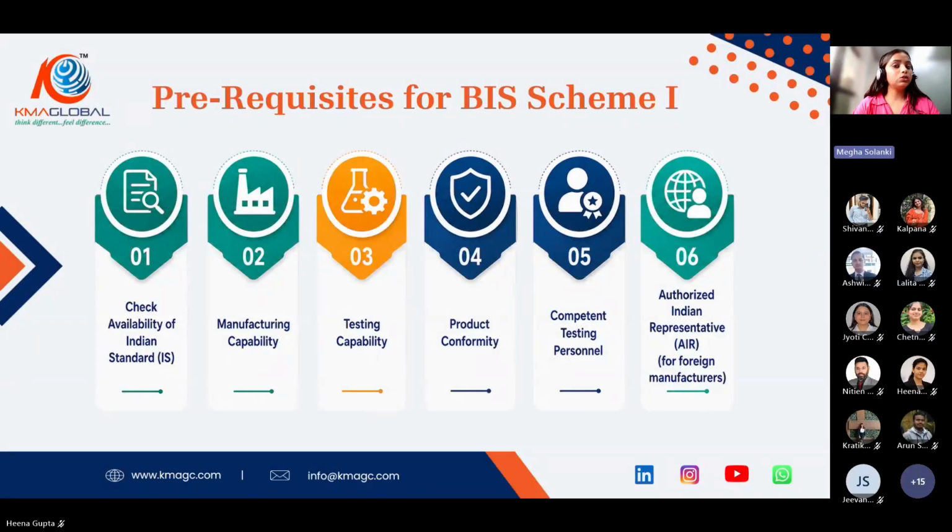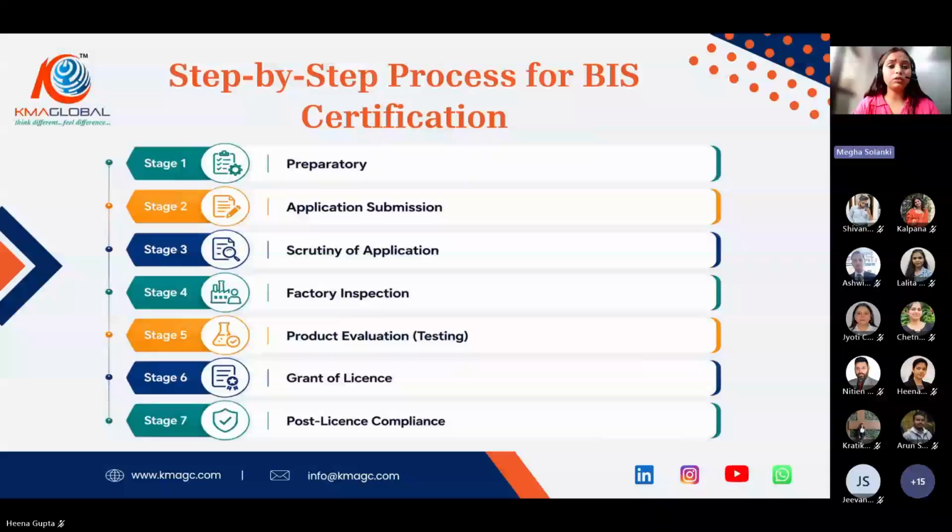Now, we will talk about the most frequently asked question that our team receives every day at KMA Global, that is, how we can apply for it. So, the very first stage is the preparatory stage. In this stage, the manufacturer identifies the applicable IS, checks the regulatory and compliance requirements, and prepares mandatory documents such as machinery list, testing equipment, details of testing personnel and raw material, and many more.